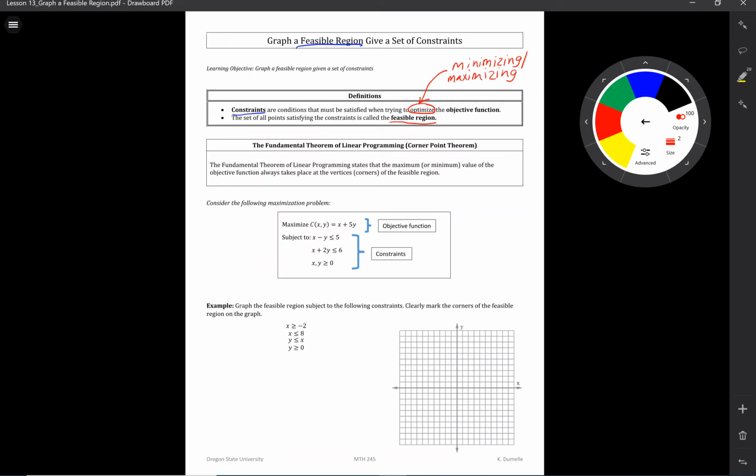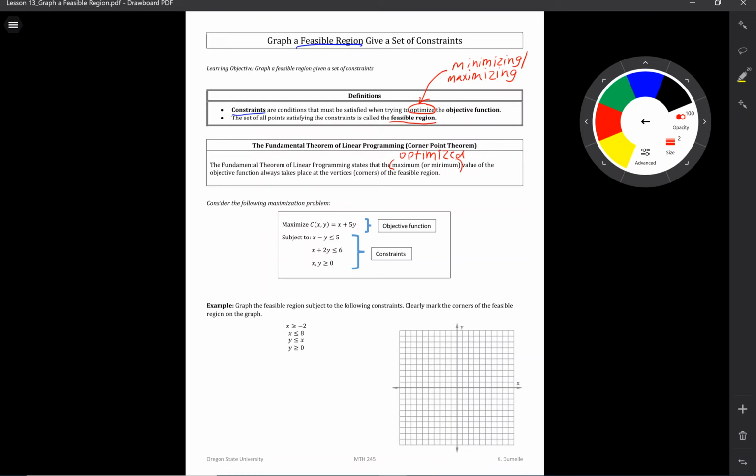The fundamental theorem of linear programming states that the maximum or minimum, this is the optimized value of the objective function, always takes place at the vertices or corners of the feasible region.